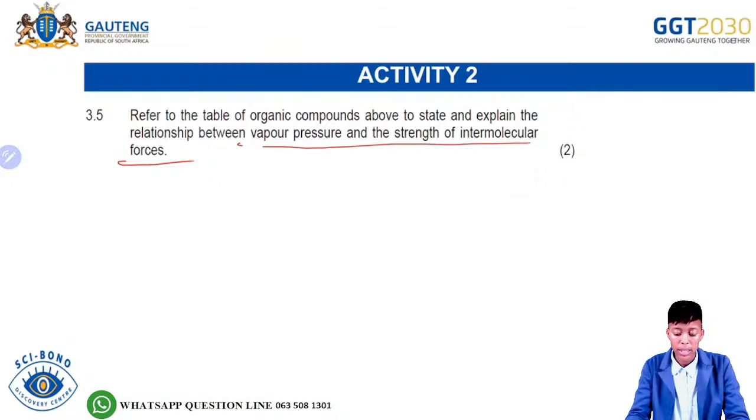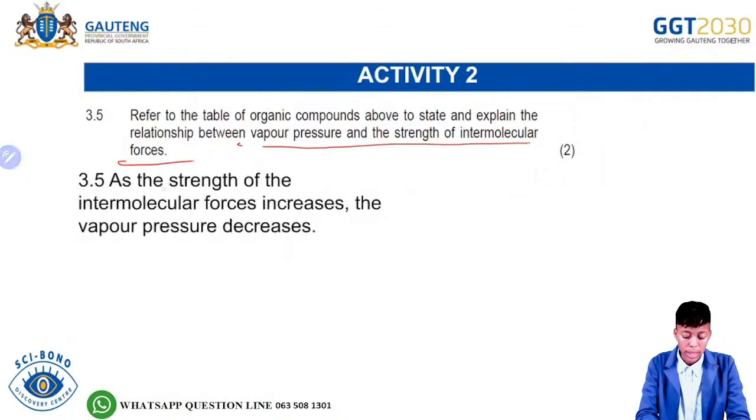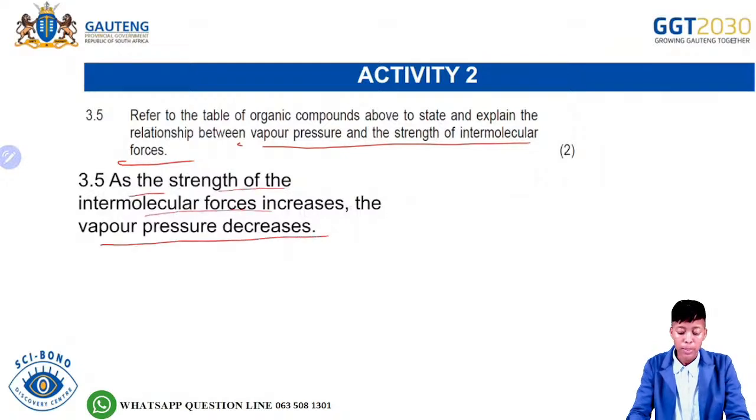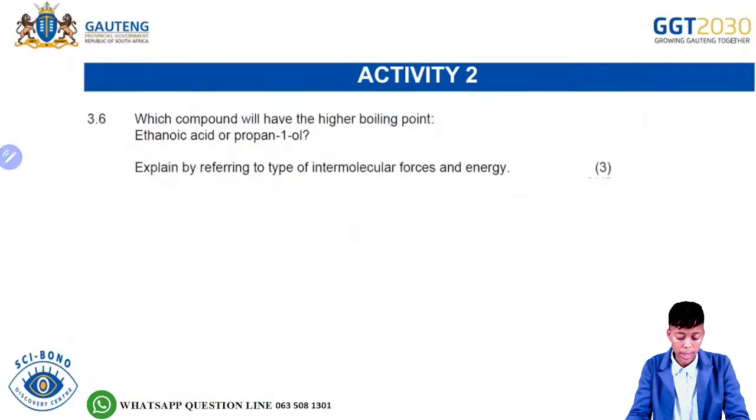We said in terms of the strength of the intermolecular forces, if the boiling point, melting point, and viscosity all increase, then the vapor pressure will decrease. So as the strength of the intermolecular forces increases, the vapor pressure will decrease.